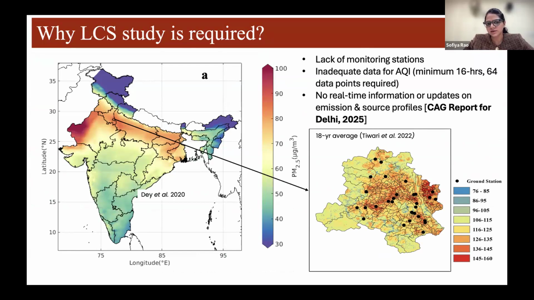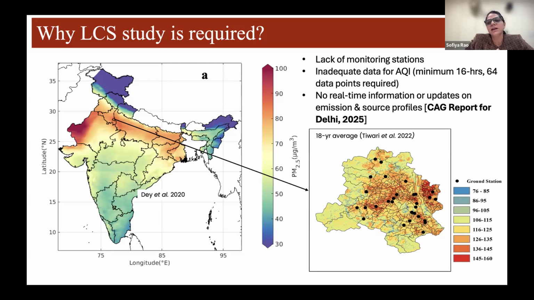That is why low-cost sensor networks are fulfilling the gaps. Also, they are providing good support to the CAQM to collect the AQI data.